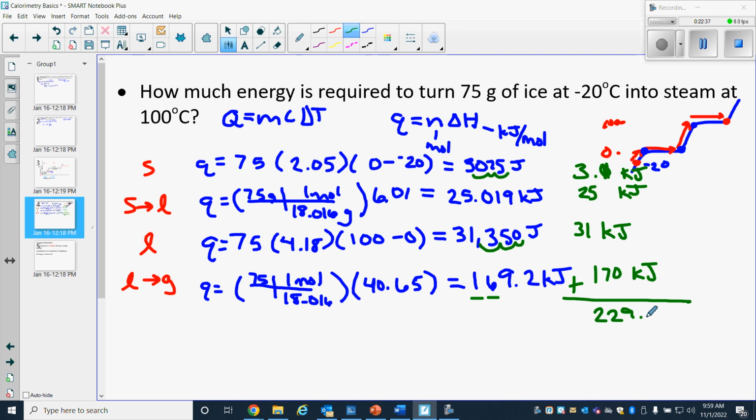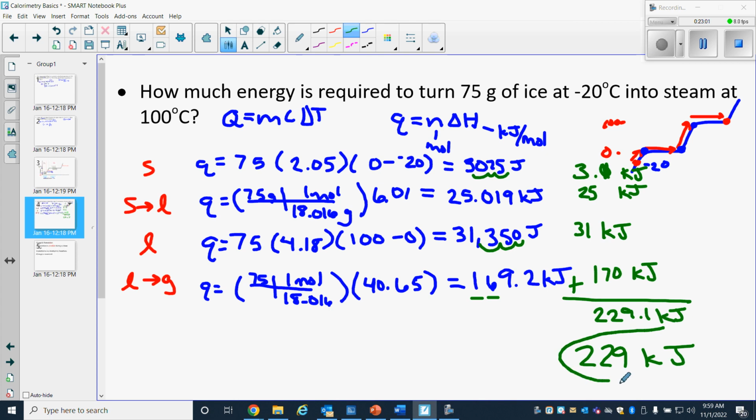And that is kilojoules. However, remember, adding and subtracting, you go to the least number of decimal places. 3.1 has 1 decimal place, but 25, 31, and 170 are all whole numbers. So if we round this to a whole number, it's going to be 229 kilojoules.